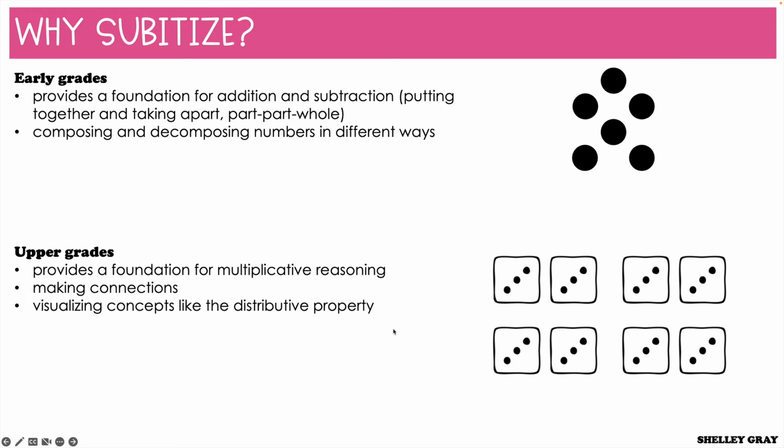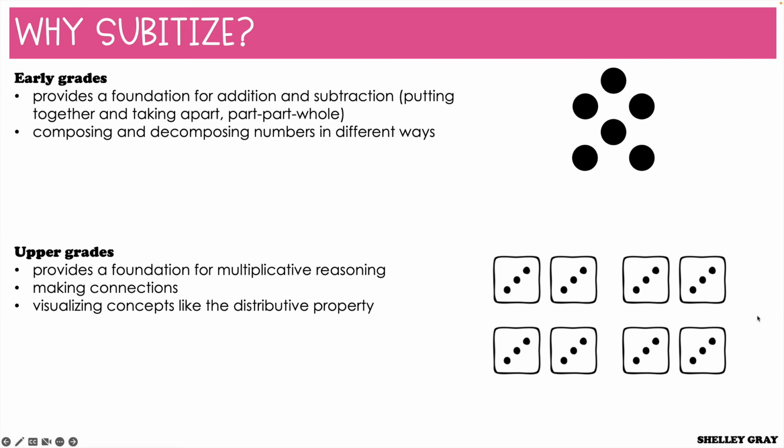In upper grades, subitizing can provide a foundation for multiplicative reasoning as we move into multiplication and division concepts. So we're looking at making connections between different multiplication facts, or we can even visualize concepts like the distributive property. So if we look at this arrangement in the dice patterns, what do we see here?